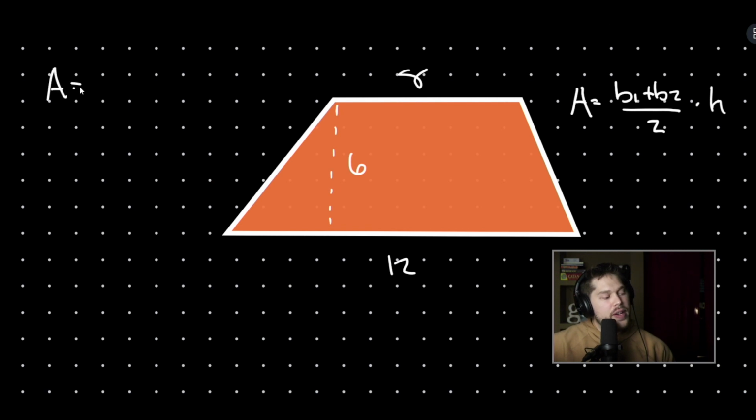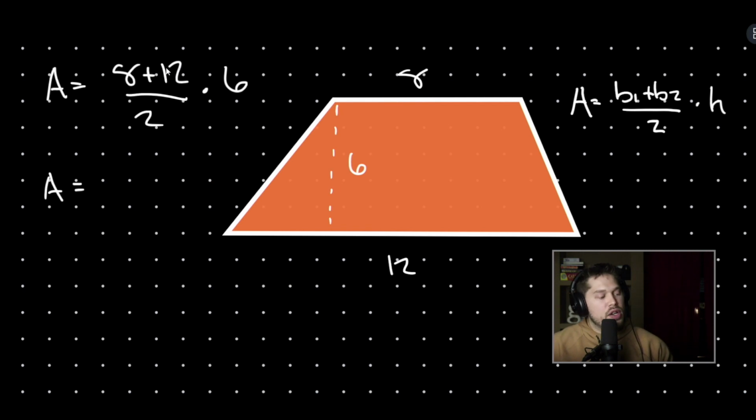Well, we'd plug our values into our formula, and we have 8 plus 12 divided by 2 times 6. 8 plus 12 is 20. 20 divided by 2 is 10. And 10 times 6 is 60. So the area for our trapezoid would be 60 square units.